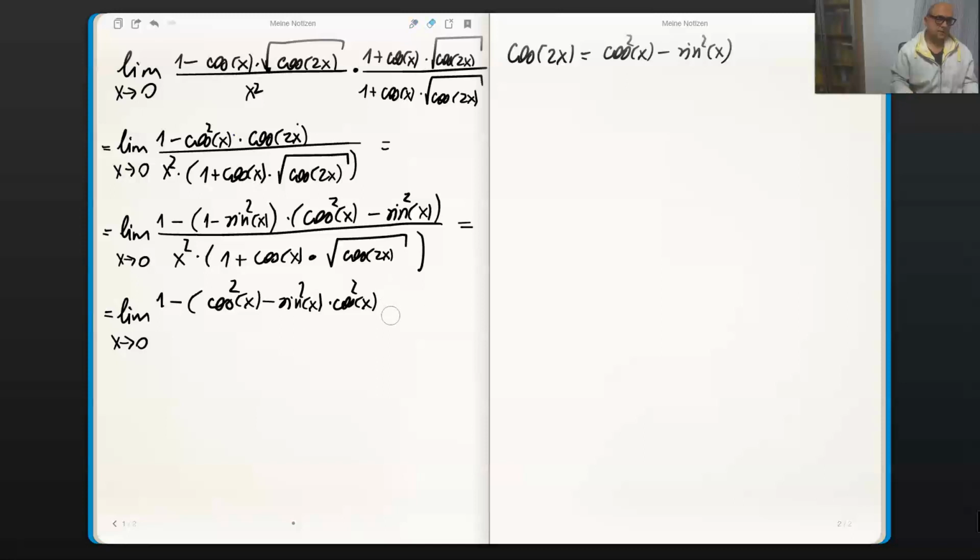No, it's not. So cosine squared is fine, that's why now minus sine squared of x, yeah. And we are having plus sine to the power of 4 of x, close the parentheses, divided over x squared times 1 plus cosine of x times the square root of cosine of 2x.